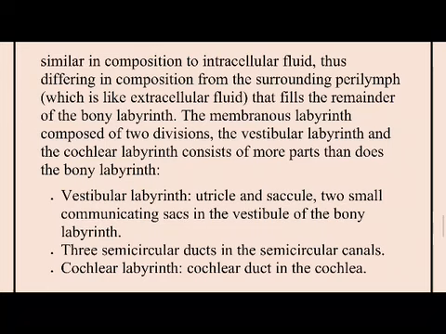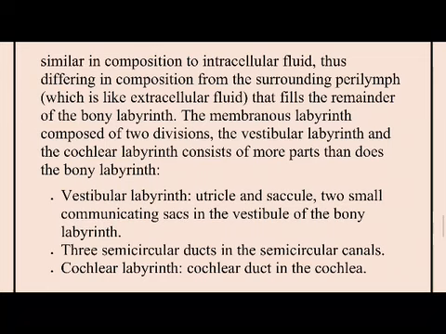The membranous labyrinth has 2 divisions, the vestibular labyrinth and the cochlear labyrinth. The 2 divisions consist of more parts than does the bony labyrinth. The parts of the membranous labyrinth are the vestibular labyrinth, which is made up of the utricle and saccule, 2 small communicating sacs in the vestibule of the bony labyrinth.